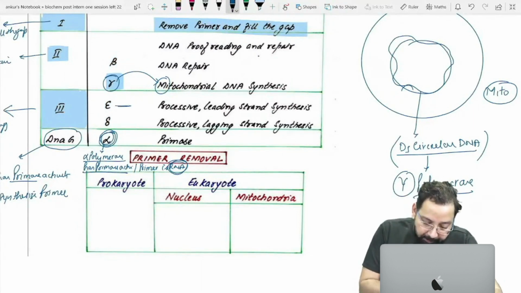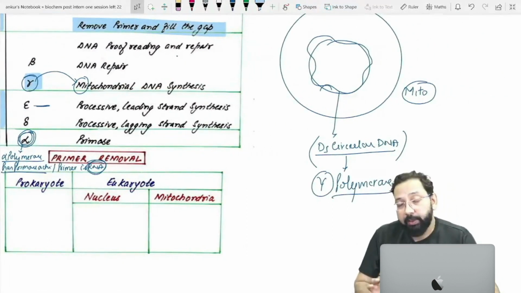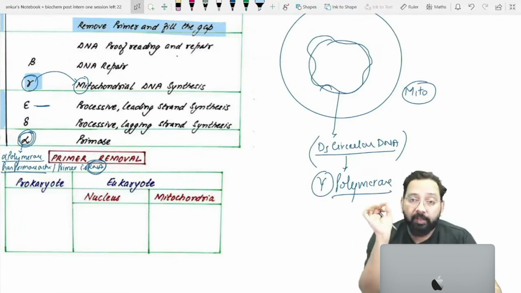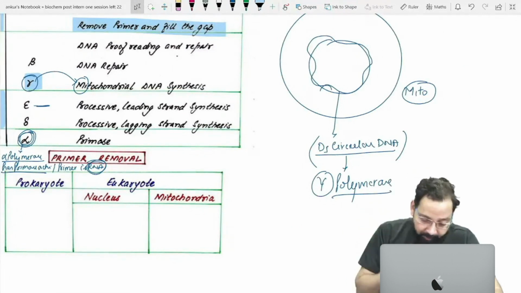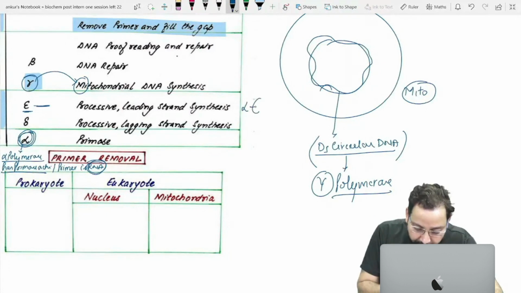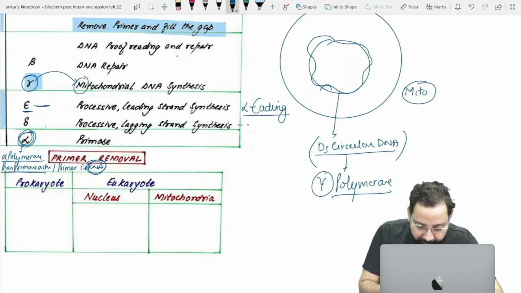We found that in eukaryotes, leading and lagging strands are synthesized by different polymerases. The leading strand is synthesized by epsilon polymerase. Lagging strand is synthesized by delta polymerase.